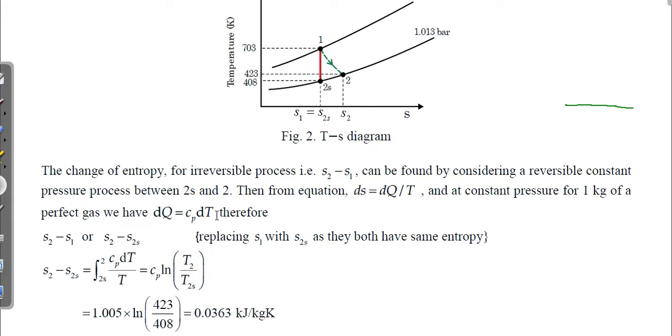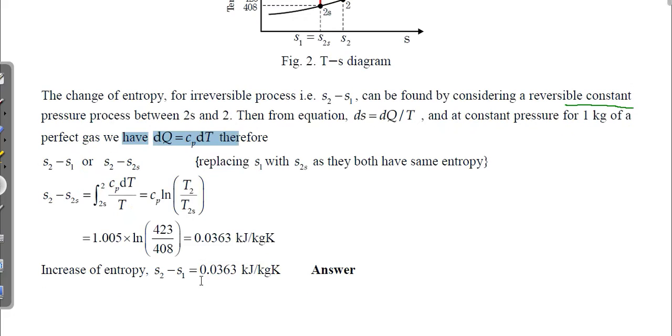We know dq is given by cp dT, so we put the integral of cp dT divided by T. This cp is constant, it will come out of the integration, and the integral of dT by T is ln T, and we put in the limits, that is ln of T2 upon T2s.